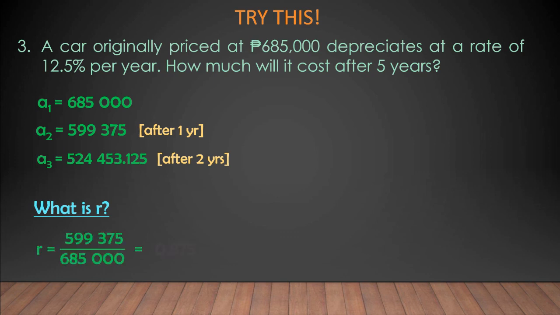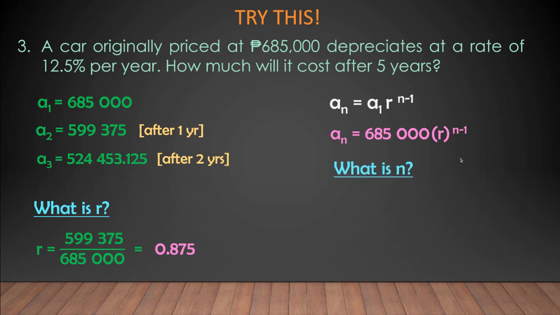Now, what is the common ratio here? r here will be equal to 0.875. Now, let's get the formula. So here, substitute the values. So we have A sub n equals 685,000 times r raised to n minus 1. But what is n? What's the value of n? How many terms are we going to have here? Now it said 5 years. So that's 5 plus the original value, which is 685,000.